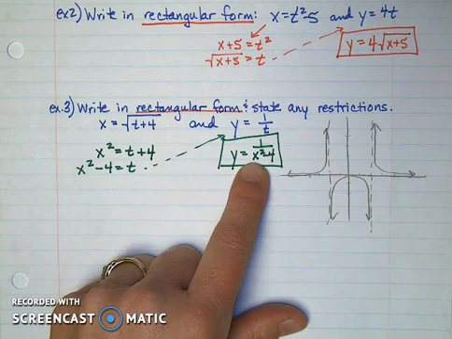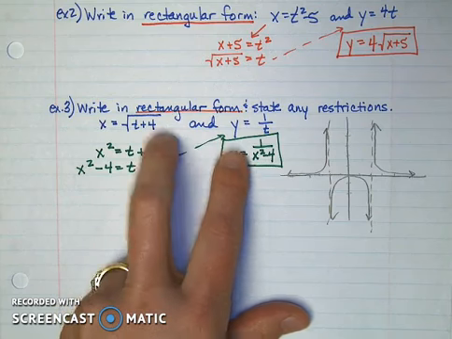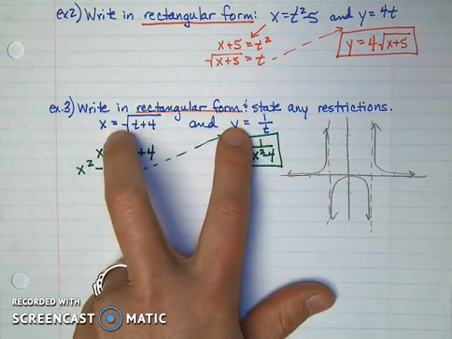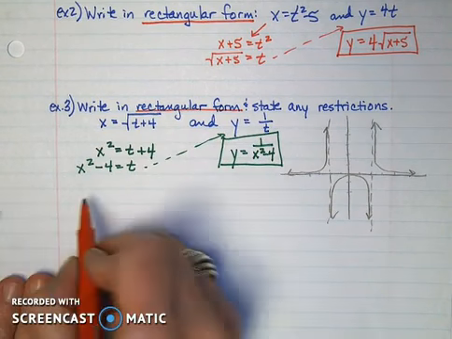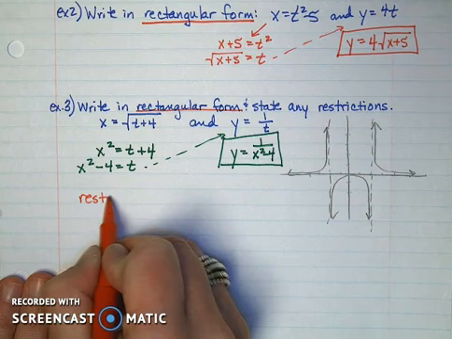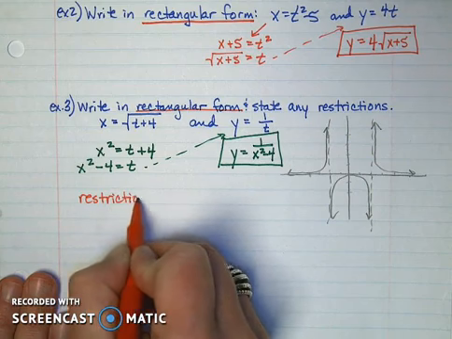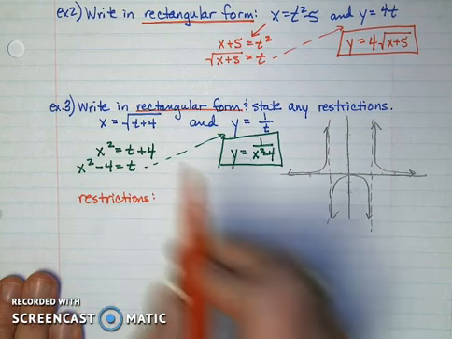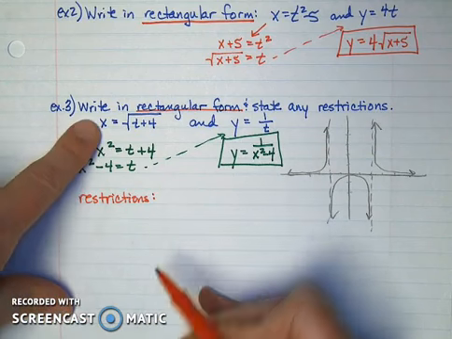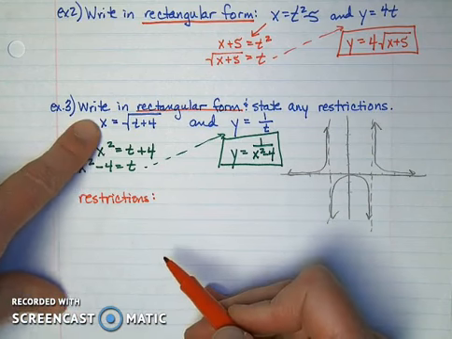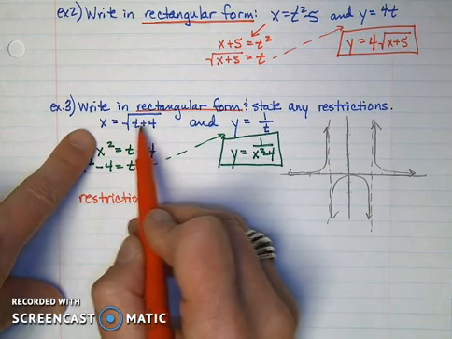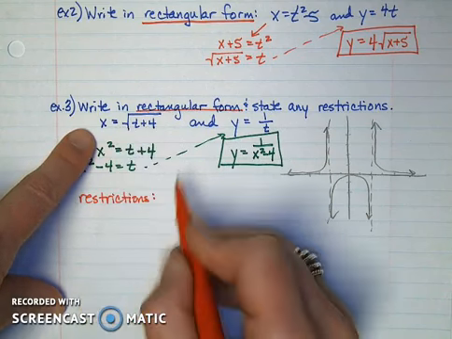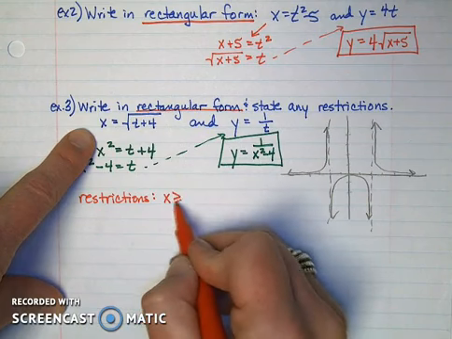However, we have restrictions because this is really this parametric equation. So let's label and identify some of these restrictions. If I look at the x part of the parametric equation, I notice that that is the square root of a value, so I know that x is going to be a positive value.